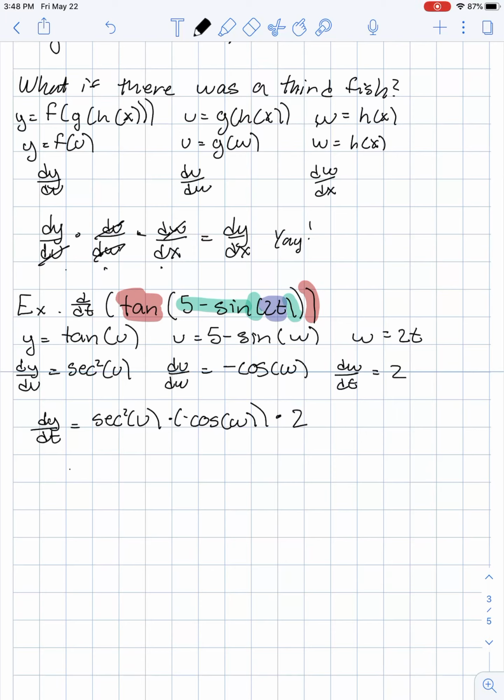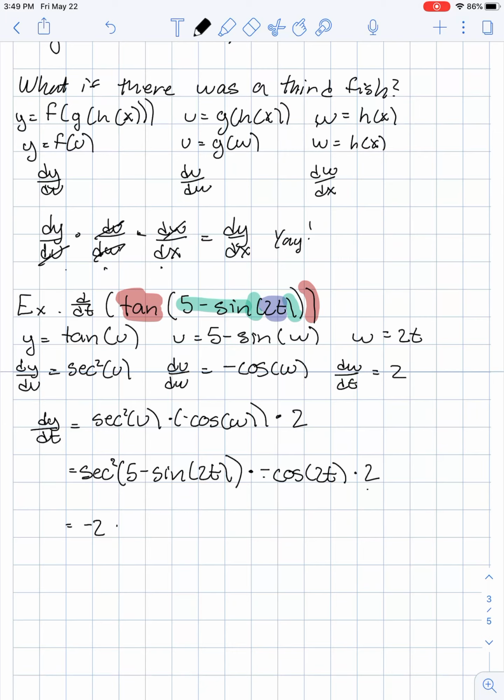So now I have to go back and plug in everything that has a u and a w in it. So that's going to equal secant squared of, what was u? It was 5 minus sine of w, and w was 2t, times negative cosine of w, which is again just 2t, times 2.